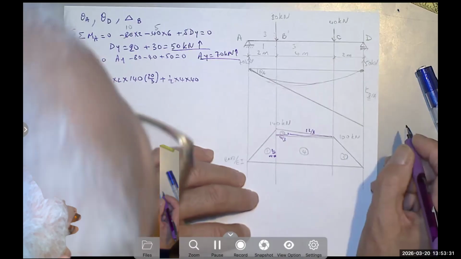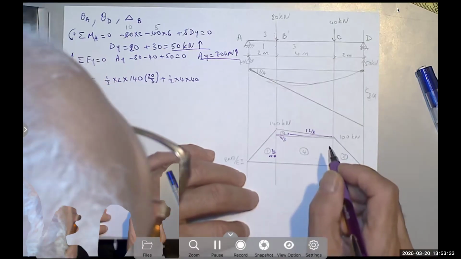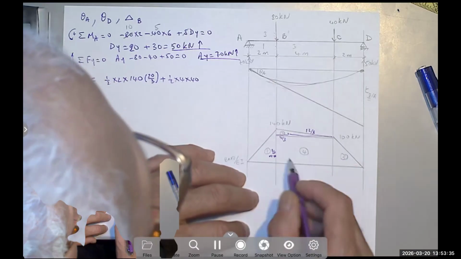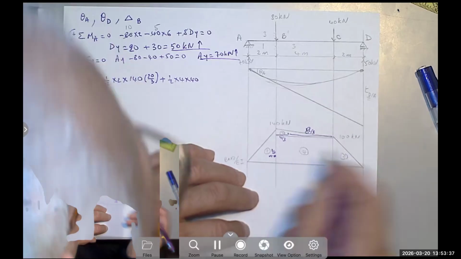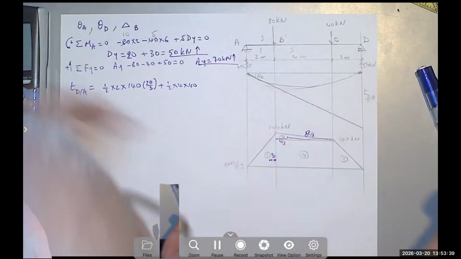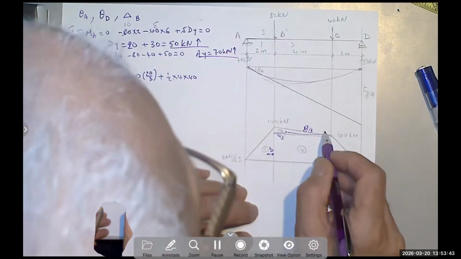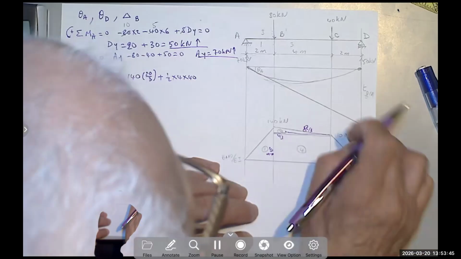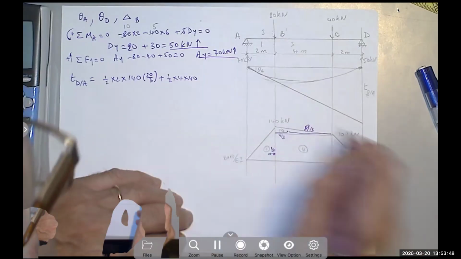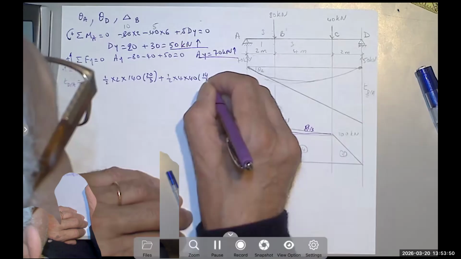What did I do? No, I'm sorry, this is 8/3. Why did I say 12? 12 is the total. I was calculating 4 times 3, and I wrote the total. Okay, so 8/3 plus 2, and 2 is 6/3. 8/3 plus 6/3 is 14/3.